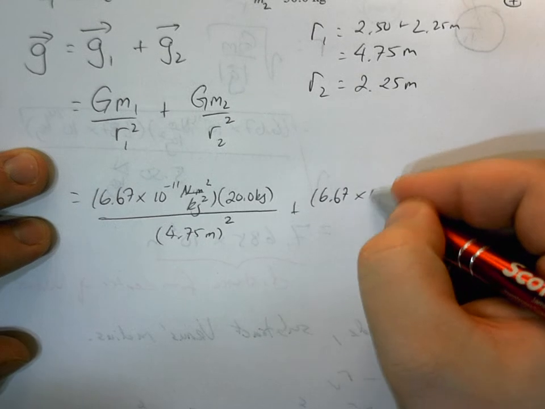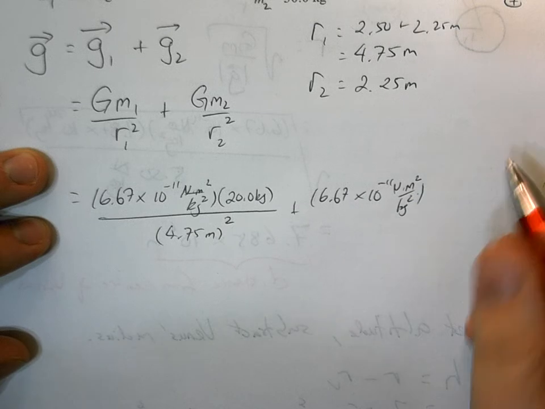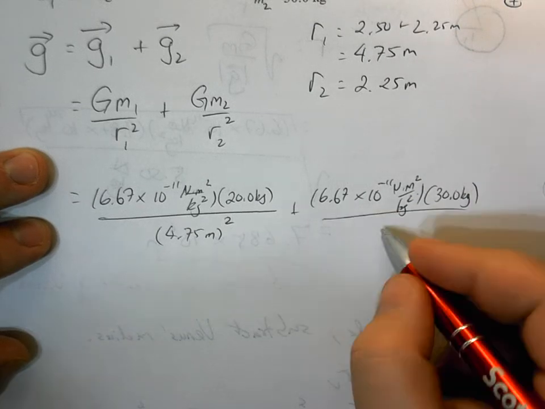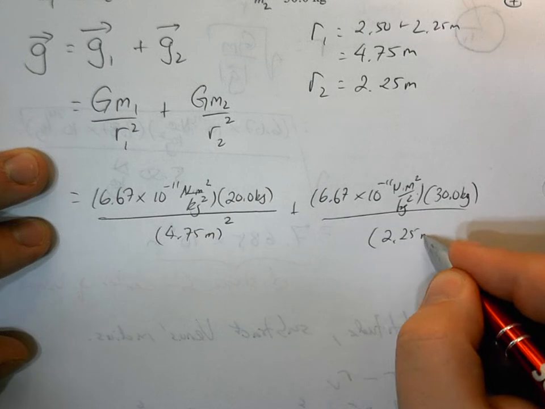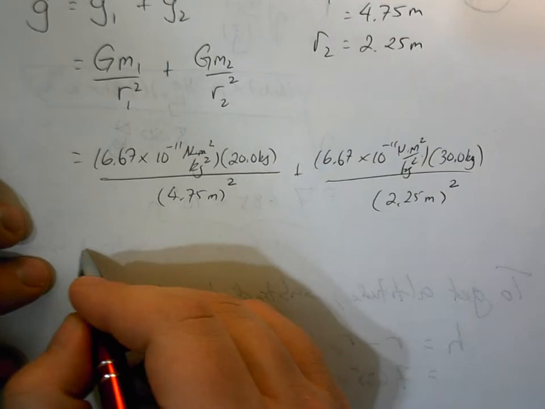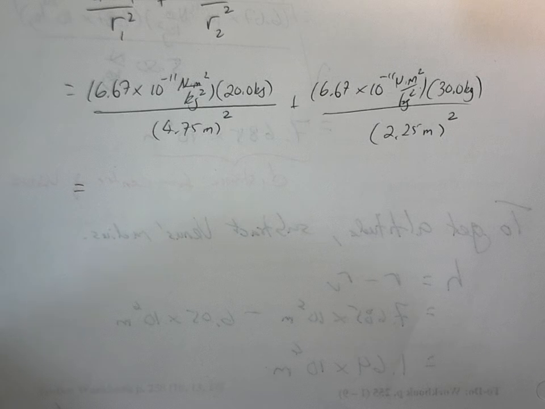Then we're going to add on the contribution of the second mass, which has a mass of 30 kilos and is only 2.25 meters from the point. Again, don't forget that square. We've got a lot of terms here, so we have to be really careful with our addition and keystrokes in the calculator. We're just going to enter this in really nice and slow.